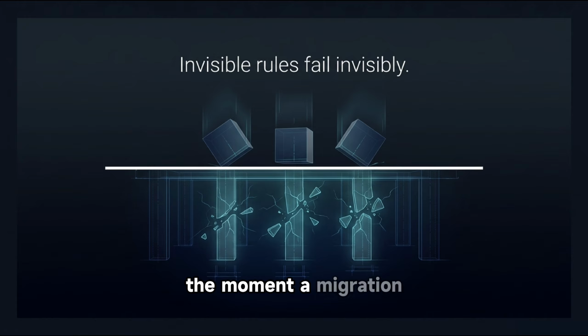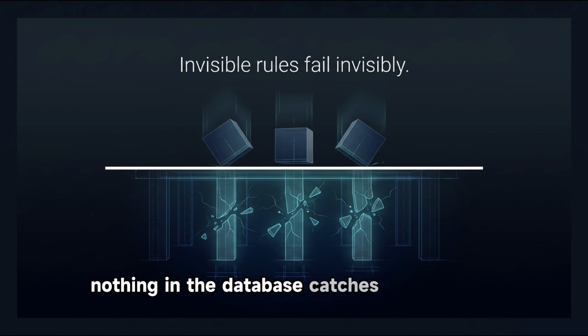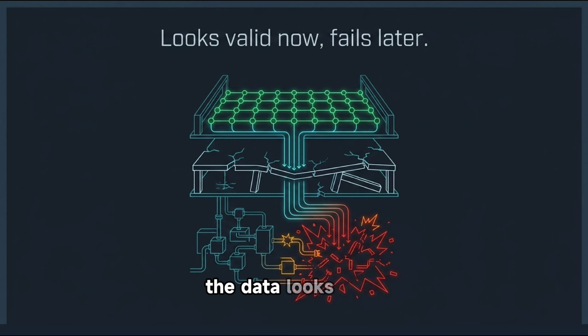The moment a migration, a new service, or a direct write touches the data without knowing them, they break. Nothing in the database catches the violation. The data looks valid. The system keeps running. The invariant is gone, and the failure arrives later, somewhere downstream, in logic that assumed the rules still held.